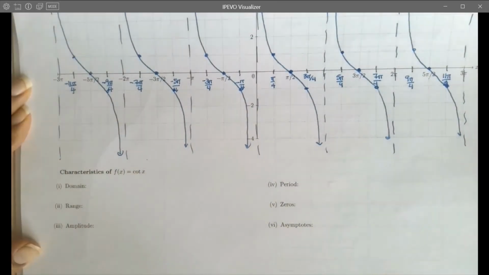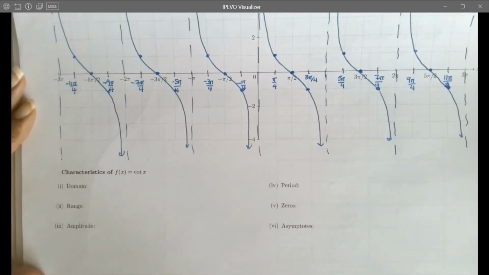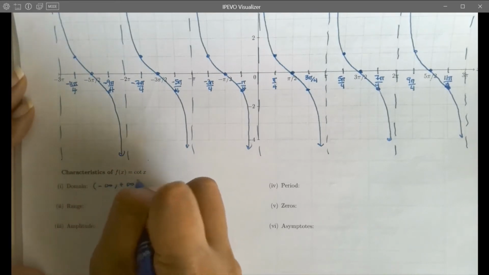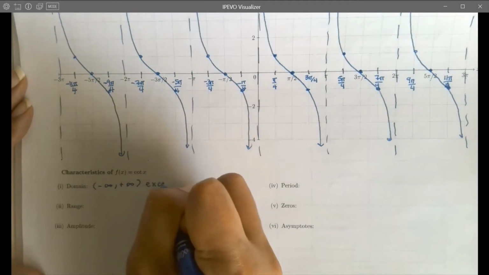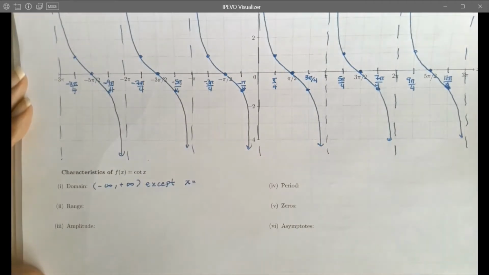We're going to be using them to help us determine the domain. The domain is basically anything that can be plugged from the x-axis without having any issues. So that'll be from negative infinity to positive infinity, except the places where we have asymptotes, because that is where we'll get something that is undefined. So where do those happen?